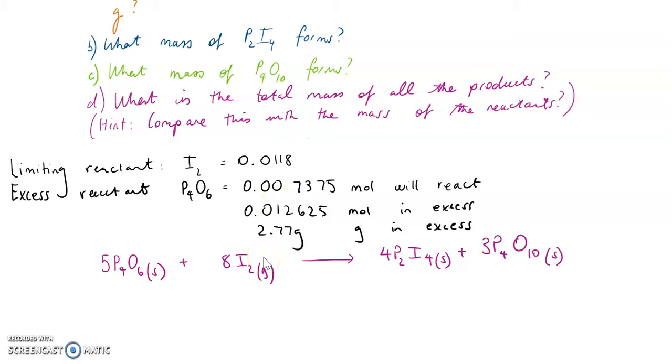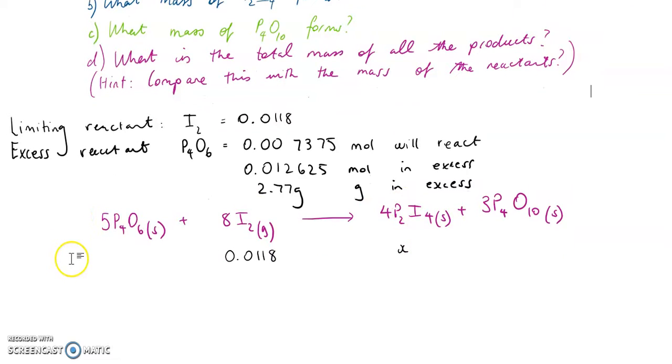So the first question here, P2I4, is our unknown in this case. This is what we want to know something about. And so the iodide, we know that we have 0.0118 mole being used, and this is the limiting reactant determining how much P4O6 reacts, and therefore how much product we yield.